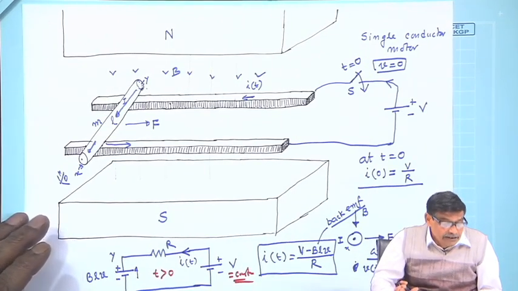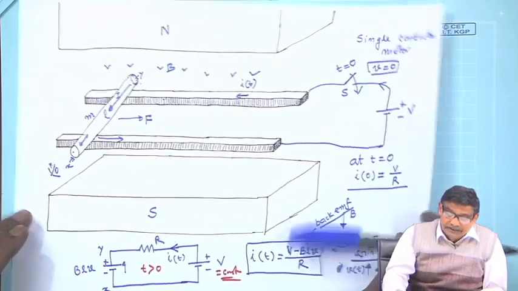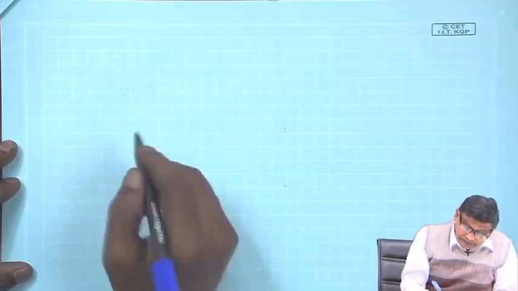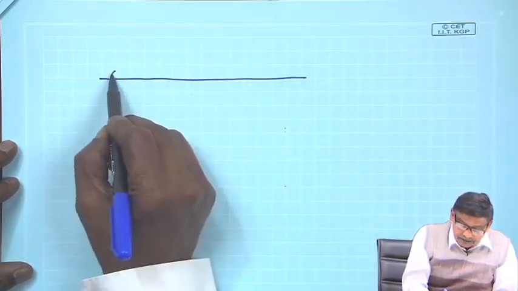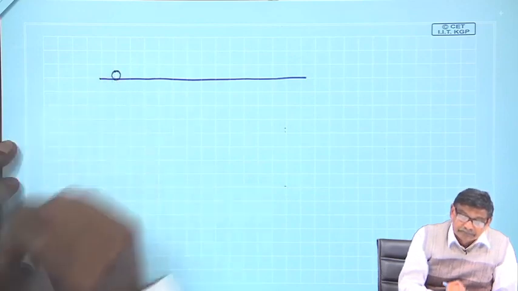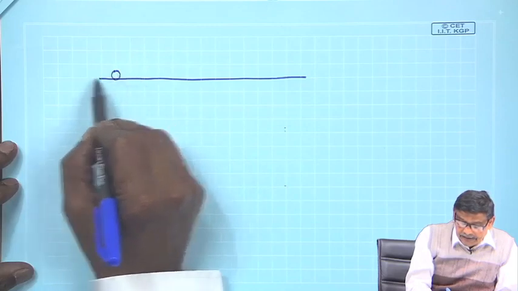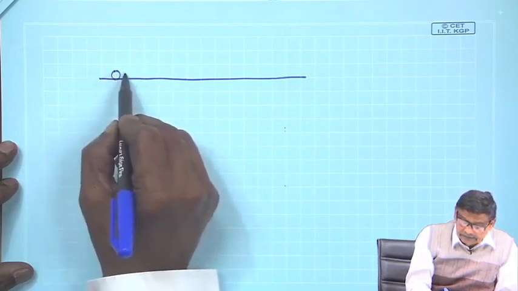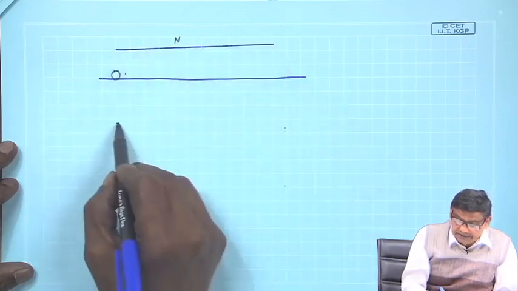Now, I will tell you in this fashion. Suppose this is the track, this is the conductor. I will draw this simple diagram. This side is north pole above and this side is south pole.